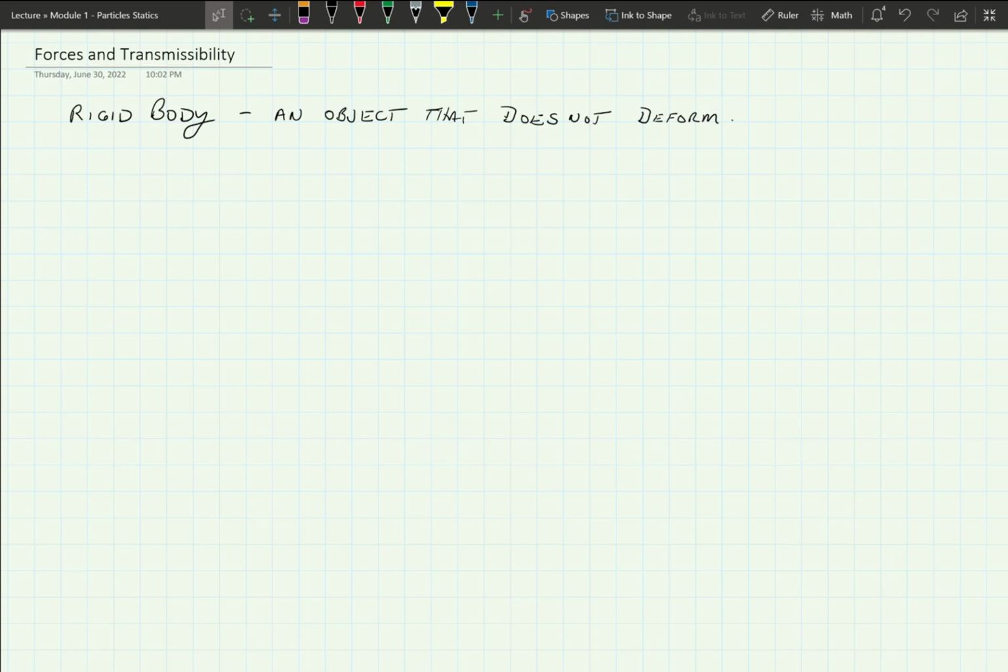Okay. All right. So we have a couple forces that we can do with these things. So let's start with the forces that can act on a rigid body.